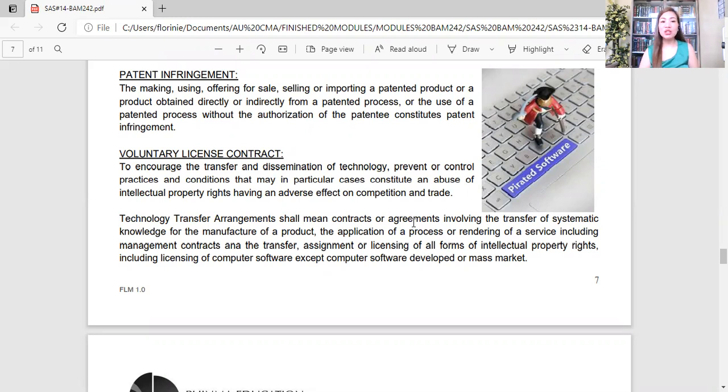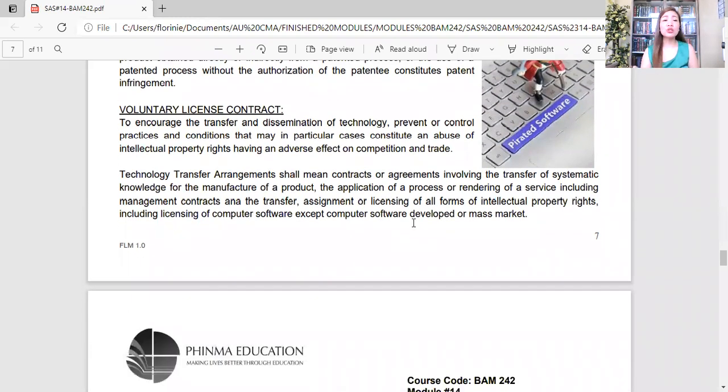Let's talk about voluntary license contract. Of course, to encourage the transfer and dissemination of technology, prevent or control practices and conditions that may in particular cases constitute an abuse of intellectual property rights having an adverse effect on competition and trade.